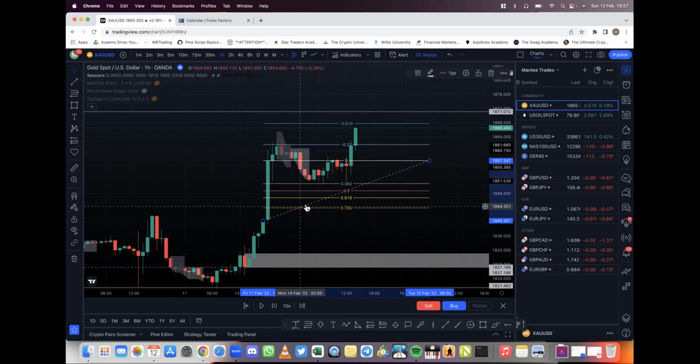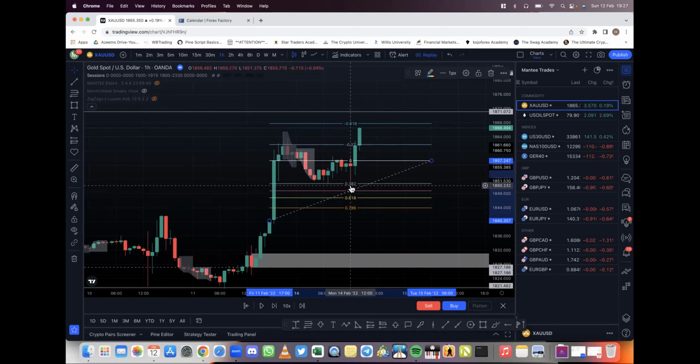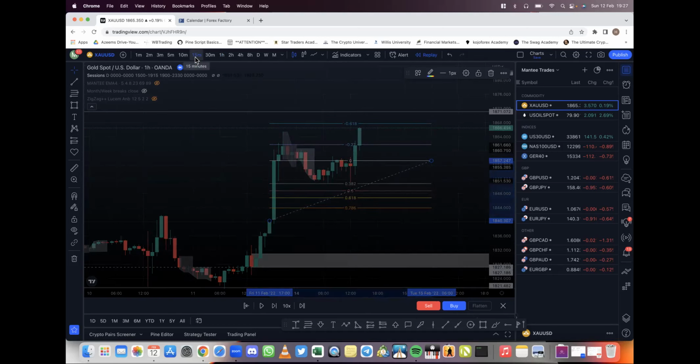Weak rejections on the Fibonacci, either 38 or 50 or 60. Normally, the guy will recommend that the 50, 61 is the best one. But if you see 38, you're seeing rejections. So now we'll come and see in the 15 minutes.